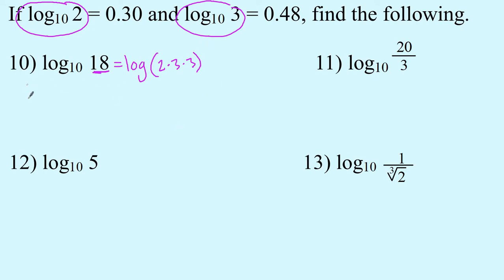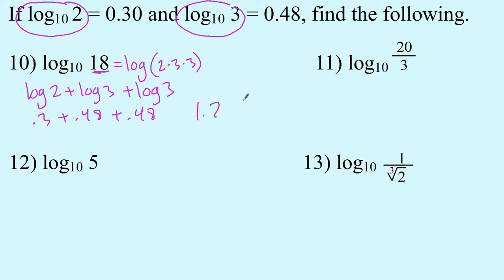Well, if I can do that, then I can write it as log 2 plus log 3 plus log 3. Okay? All right, so then here we get 0.3 plus 0.48 plus 0.48. So what is that? 1.26.